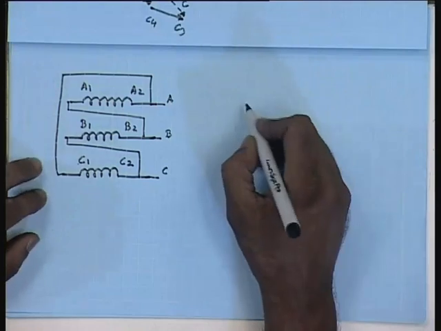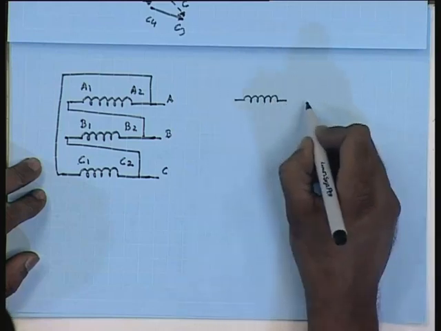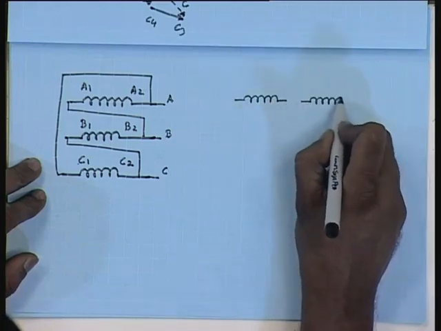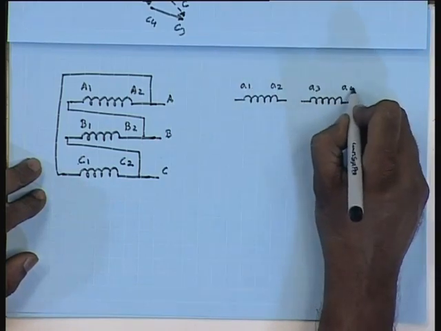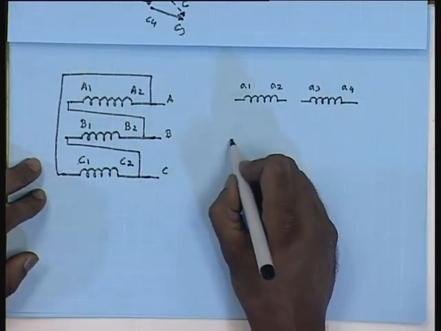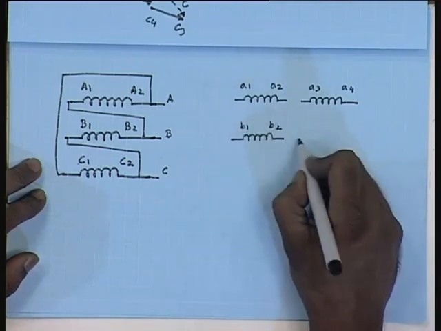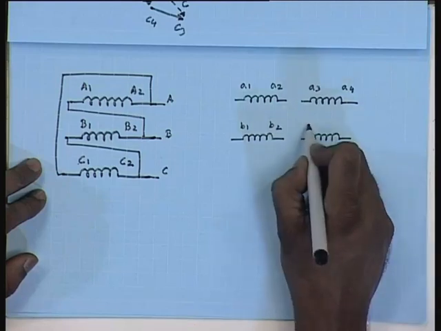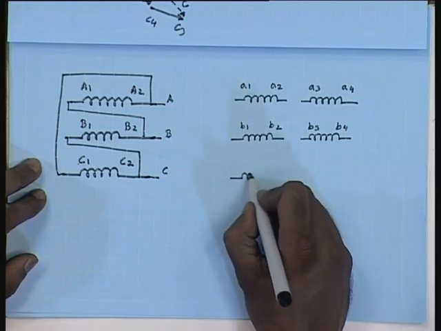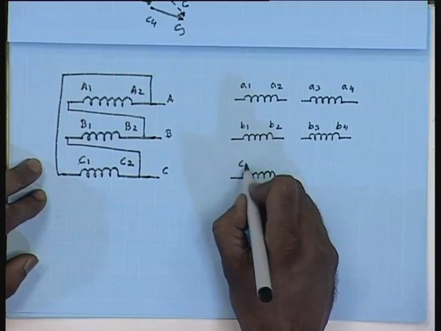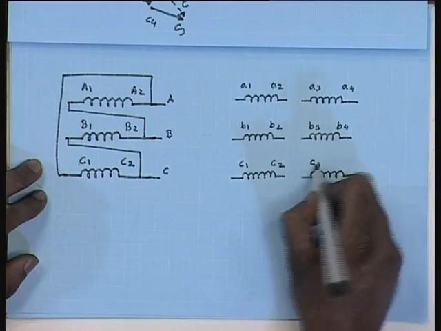On the zigzag side, you have two sets of windings, A1, A2, A3, A4, B1, B2, B3, B4, C1, C2, C3, C4.